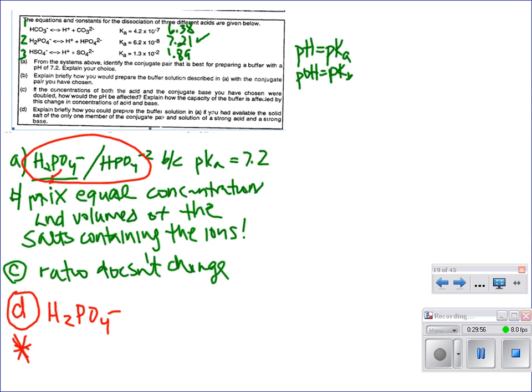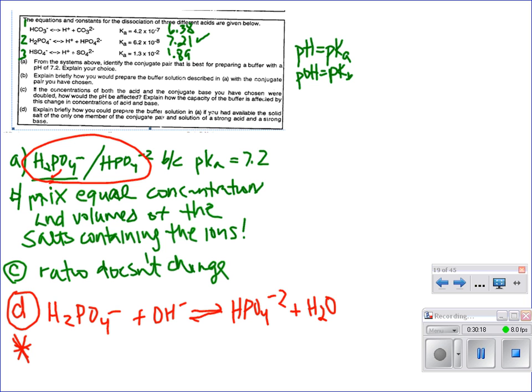H2PO4 minus. If we wanted to make the buffer, we need to create the conjugate. So what would we mix with that to make the conjugate? A strong acid or a strong base? A strong base. If we add a strong base to it, we're going to get HPO4 minus 2 plus water, which is perfect.